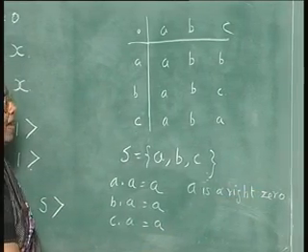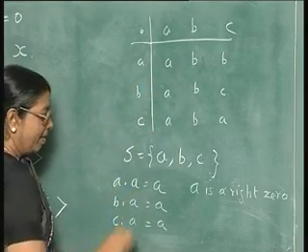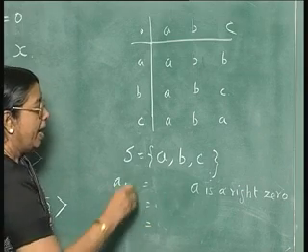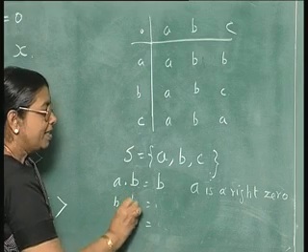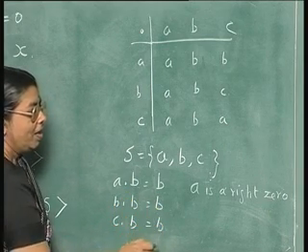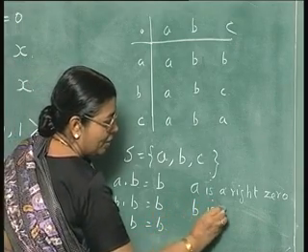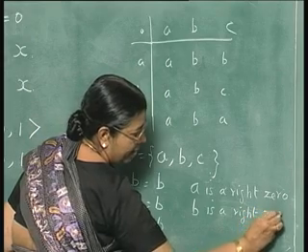In the same manner, you see that A dot B is B. B dot B is also B. C dot B is also B. So, what can you say about B? B is also a right 0.